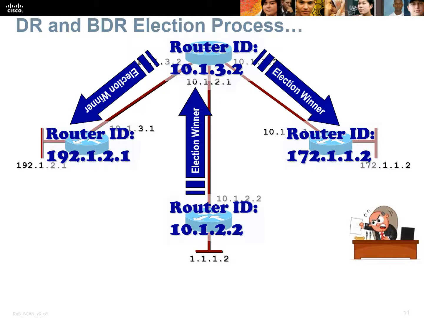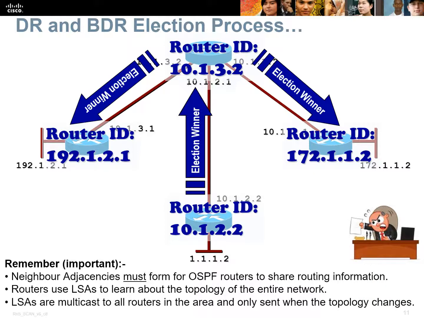It's obvious, because 192.1.2.1 is higher than 10.1.3.2. 10.1.3.2 is higher than 10.1.2.2, and 172.1.1.2 is higher than 10.1.3.2. You've got to remember that the router ID is generated by the highest IP address on any active interface.